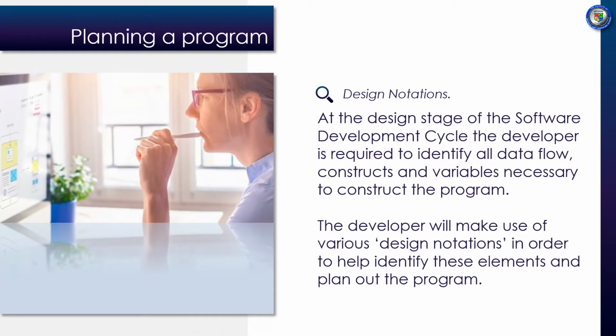When planning a program or a software solution, the developer must identify the data flow within the program, the variables that will be used, and the constructs that will be required to create a solution. They will make use of a variety of design notations to help them do this.